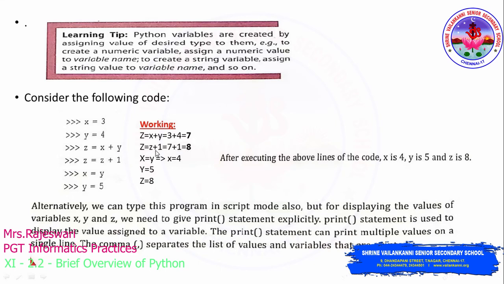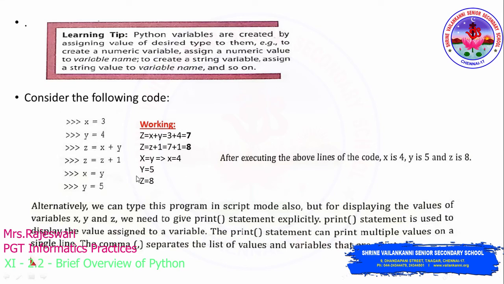So if I add 1 to this, what will happen? The value of z will become 8. Now you understood: the value of the variable keeps changing throughout the program execution. And now here they are assigning the value of y to x. The value of y is 4, so x is equal to 4, and then y is equal to 5, and z is equal to 8.